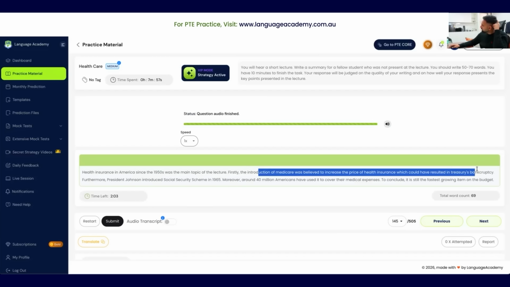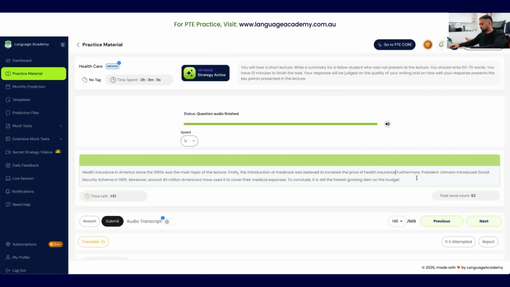If you find it difficult, write a short sentence. Firstly, the introduction of Medicare was believed to increase the price of health insurance. Let's take this off. I don't really want to go grammatically wrong, so I'll just take it off.